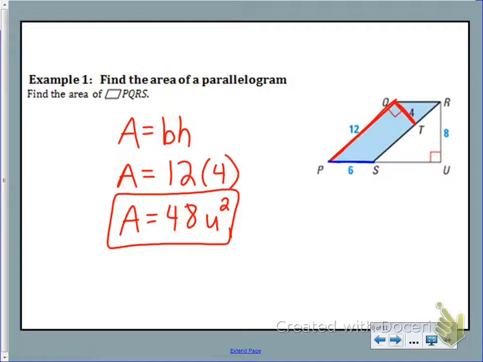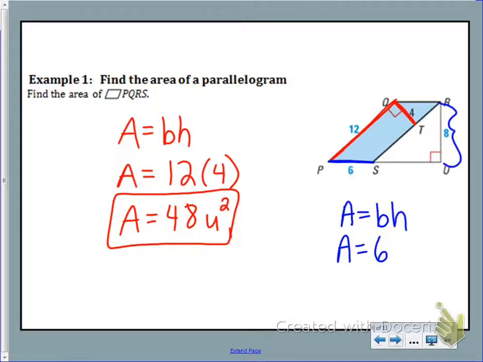Now let's look, what if we had used the other side length, in this case PS? We're still using the same formula because it's still a parallelogram. So I would do area equals base times height. It's important that you show that for each problem. Then the base would be 6 because that's the side length. But if you notice, our height can't make a perpendicular between the bases inside the figure, but it's going to make a perpendicular on the exterior of the figure.